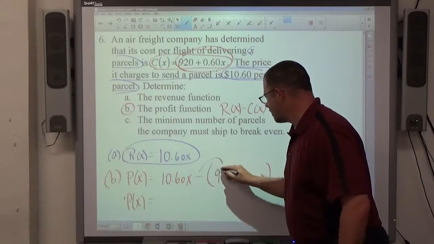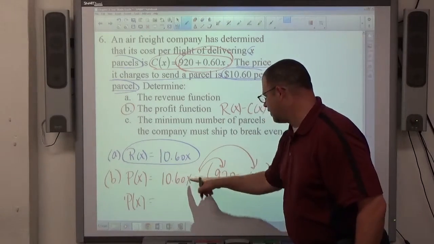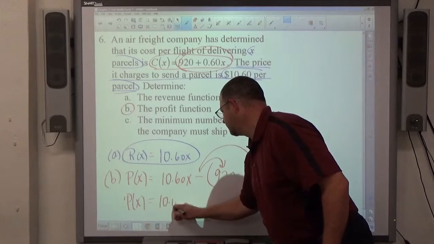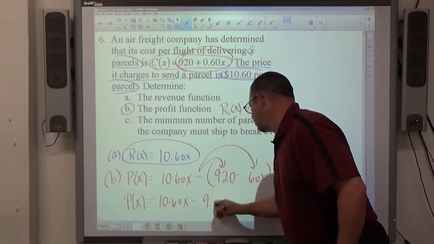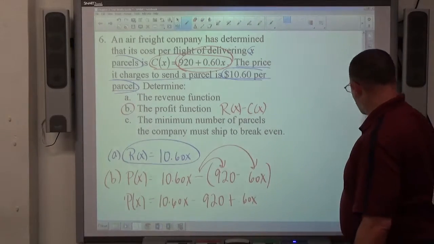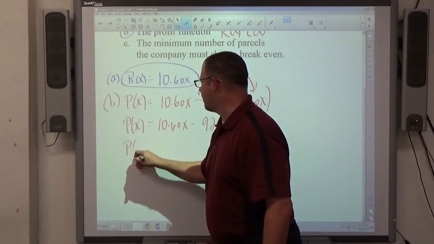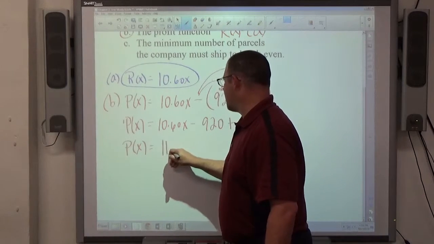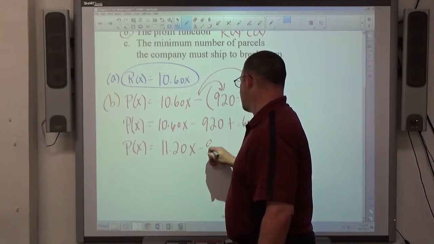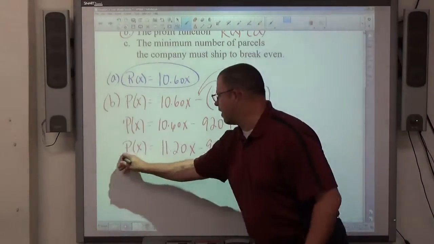If I distribute my minus sign through the parentheses, $10.60 X minus 920 plus 60 cents X. And notice then that the 1060 and 60 add together, so my profit function here is $11.20 X minus 920. Okay, there's my profit function, there's the answer to part B.